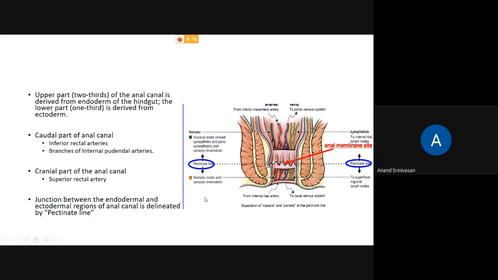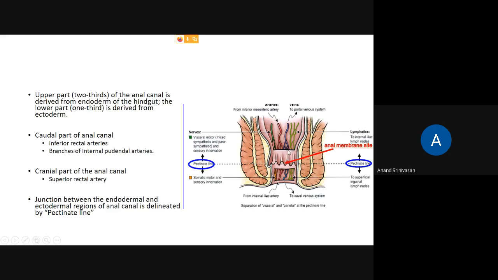Why is this important? You must have read about external hemorrhoids and internal hemorrhoids. External hemorrhoids are when the veins are dilated below the pectinate line in the ectodermal region, which is painful. Internal hemorrhoids are when the veins are dilated above the pectinate line, which are painless.